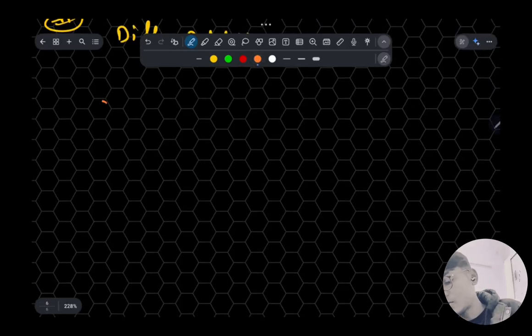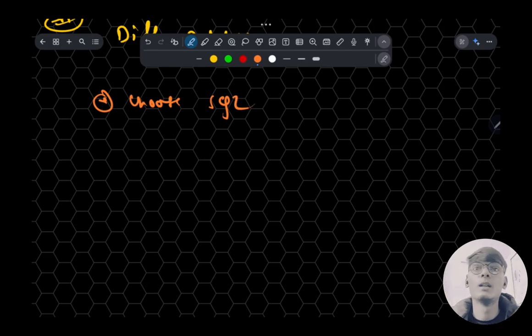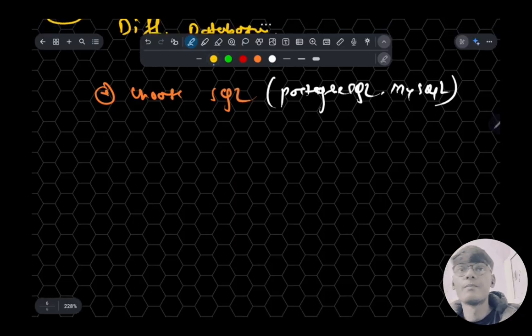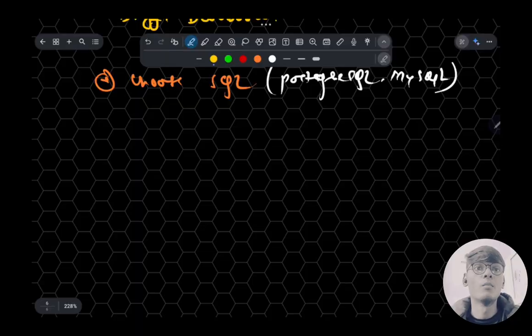First, choose SQL over NoSQL, like PostgreSQL or MySQL, when correctness matters more than uptime: billing, inventory, transfer. This is a CP system.